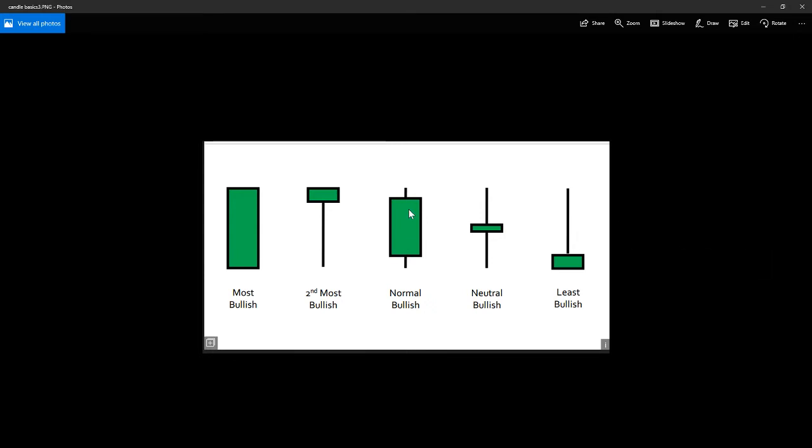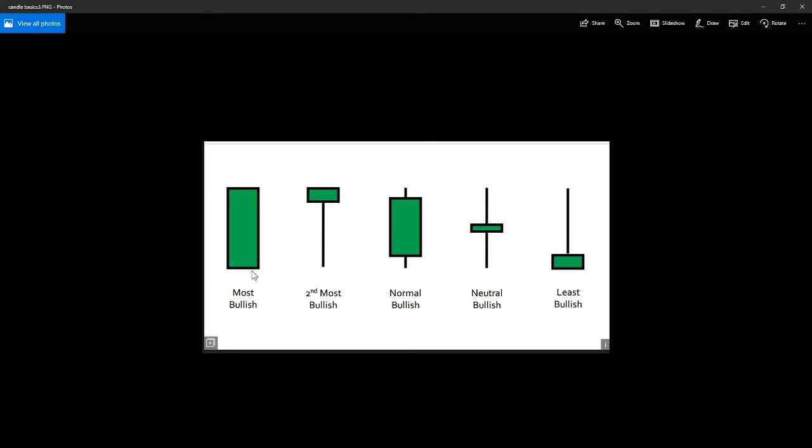So these are your types of bullish candles. Now remember, your bearish will just be opposite. Your wicks will be on the opposite ends. So this is your most bullish type of candlestick, and I'll explain why.